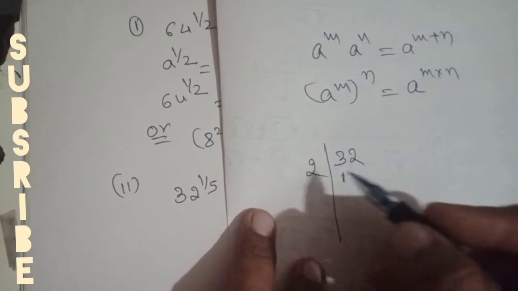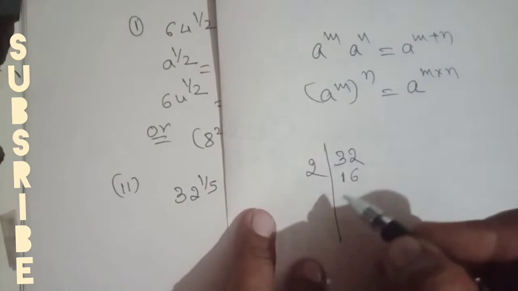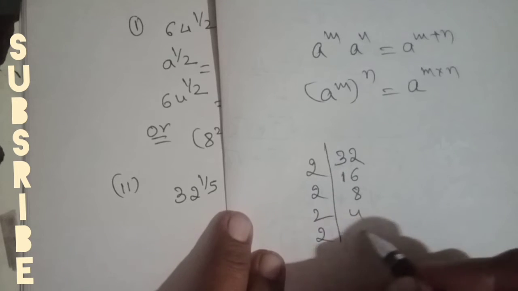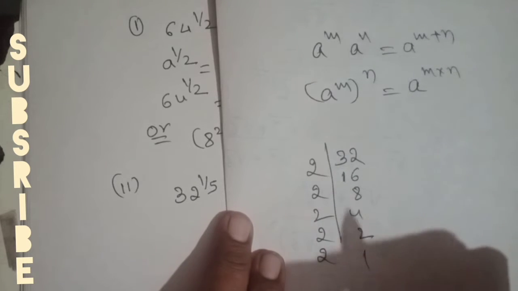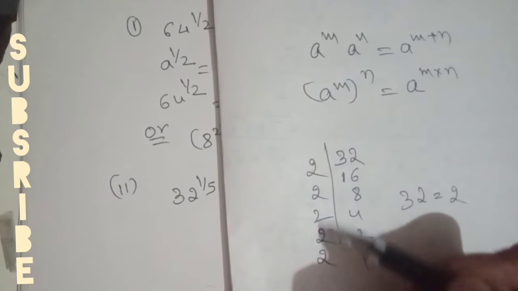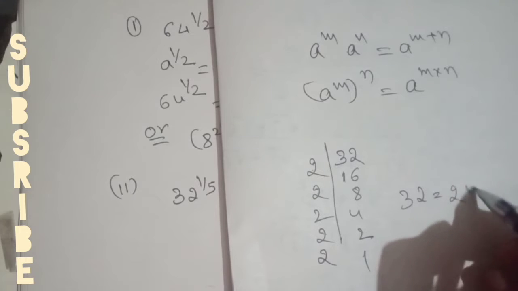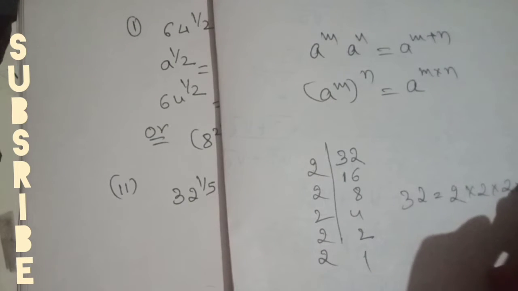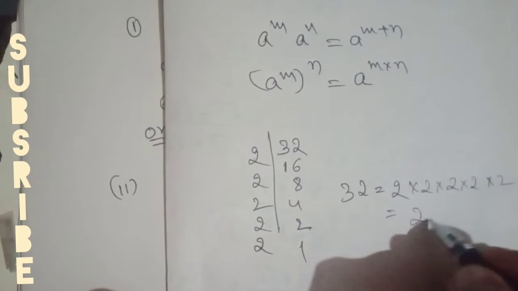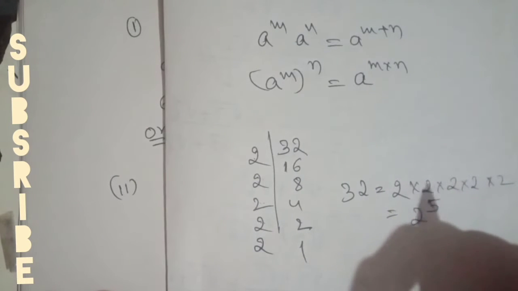Always try to take prime numbers: 2 16s are 32, 2 8s are 16, 2 4s are 8, 2 2s are 4, 2 1s are 2. So 32 can be written as 2 into 2 into 2 into 2 into 2, five times, or 2 raised to 5, not 1 upon 5.